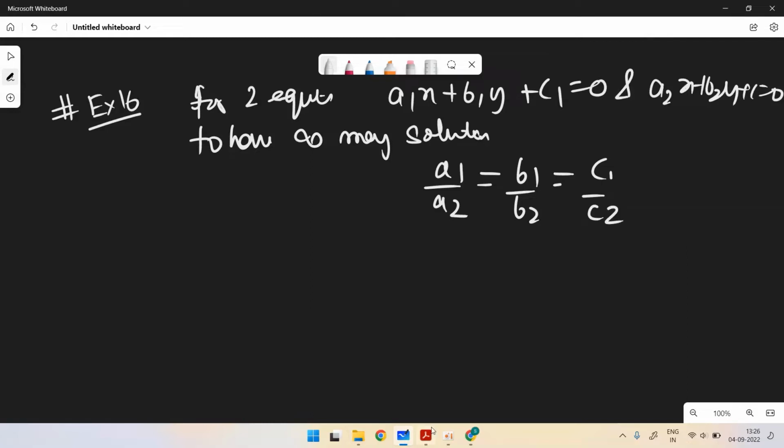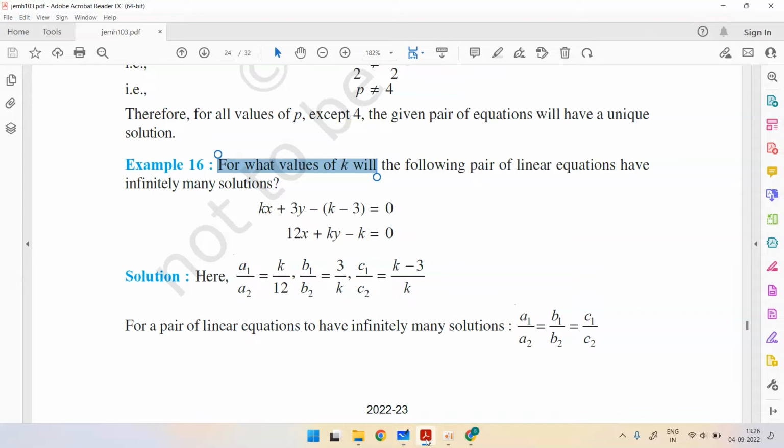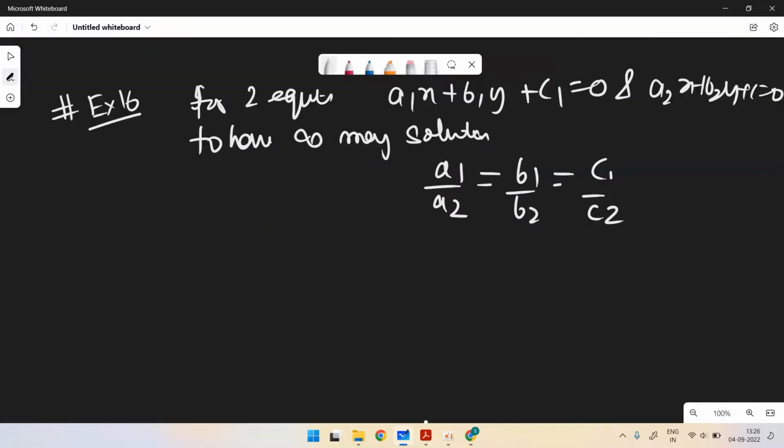Now what is given in the question is kx minus k plus 3, minus 3 equal to 0.